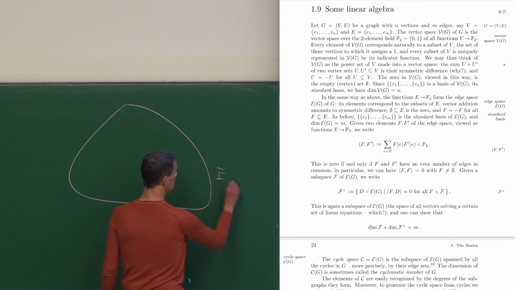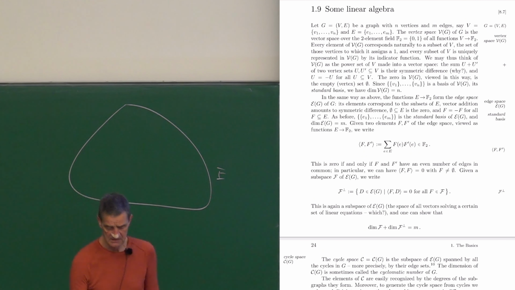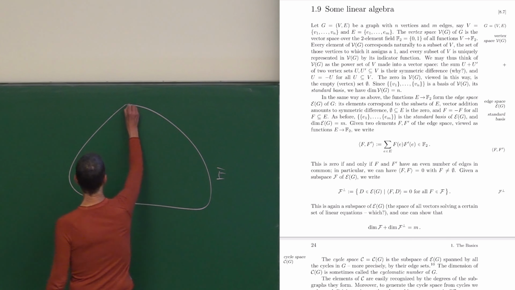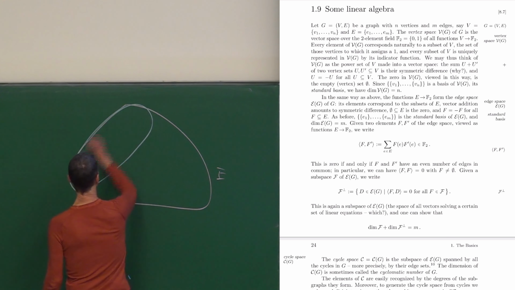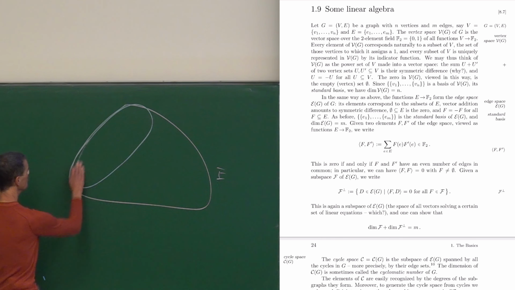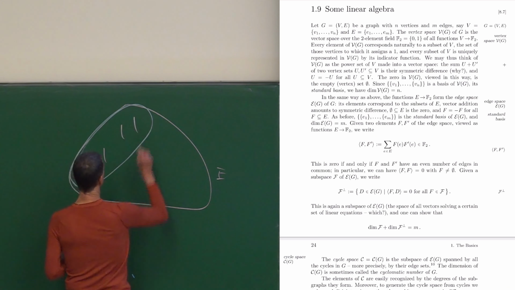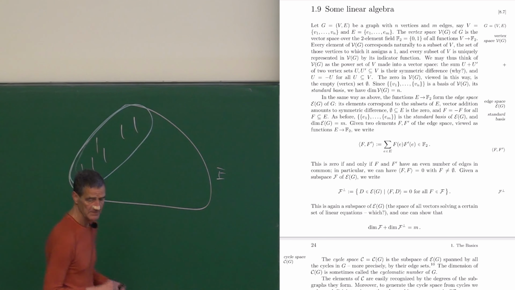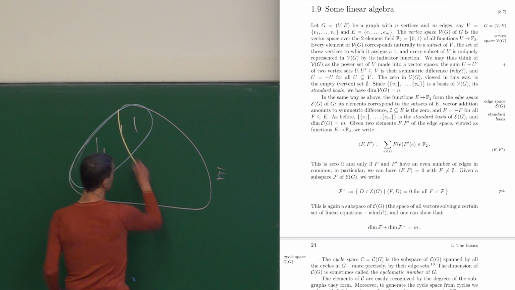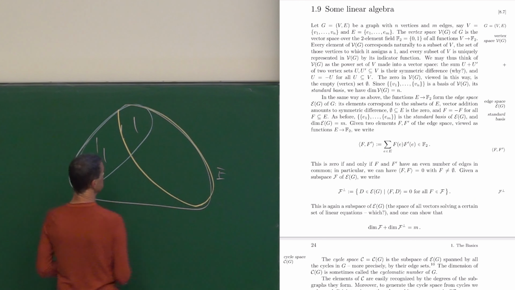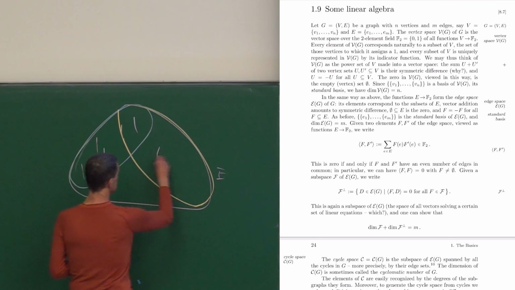So if this is the set of edges of G, you might have one function, blue, that assigns a 1 to these edges. And you might have another function, yellow, that assigns a 1 to those edges.